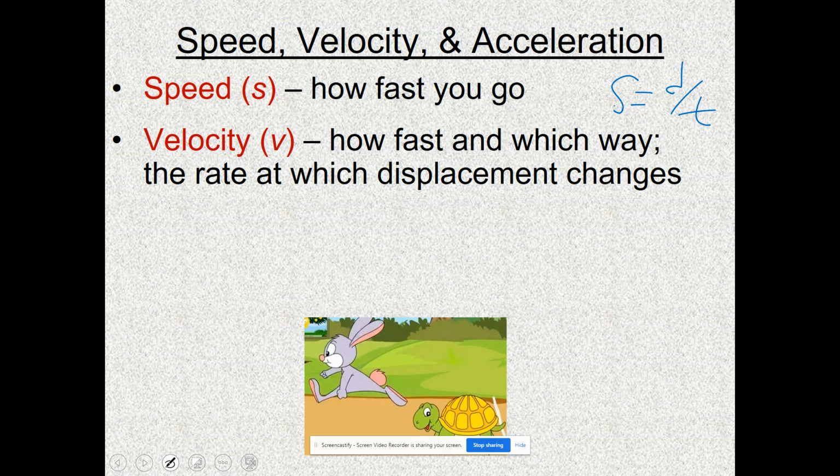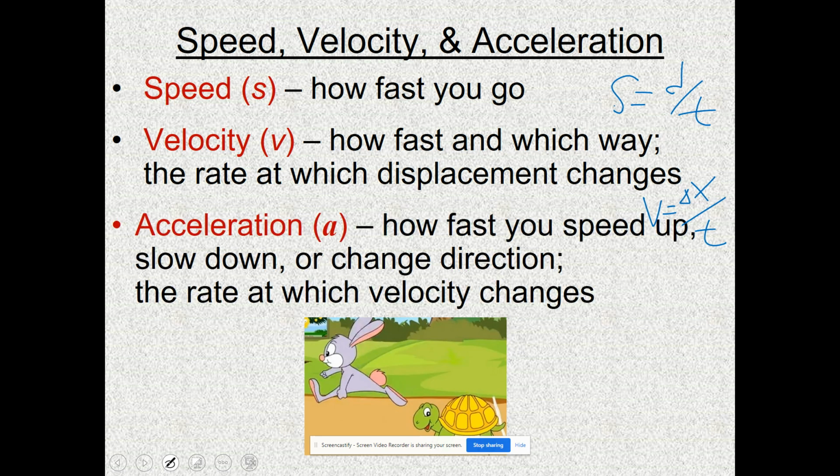In other words, the rate at which displacement occurs. So velocity we were given as the change in displacement over time. And sometimes if there was no change in direction at all, they could end up being the same magnitude number, with just an added direction for velocity.